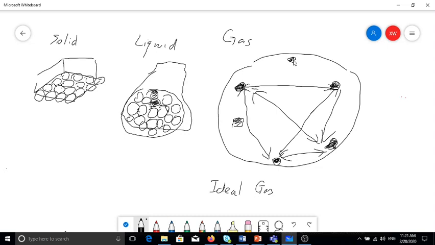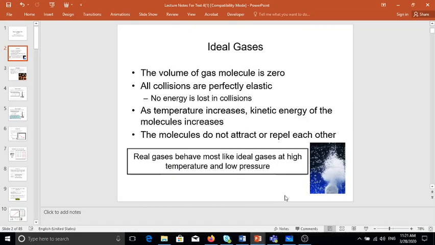Every molecule should be treated as a mass point, which has a mass, but does not have any size or shape. So the volume of the gas is only determined by the distance between the molecules. That's the first condition for ideal gas.